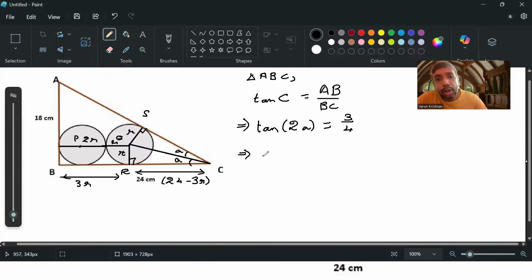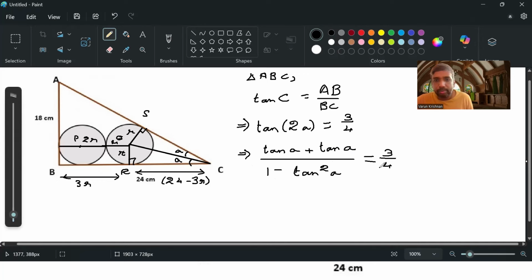So we can use the formula of tan of A plus B that we just derived, which was tan A plus tan B, divided by 1 minus tan A tan B. In this case, tan A and tan B both are tan A, so it is 2 tan A divided by 1 minus tan square A, which is equal to 3 by 4. So if we cross multiply, we will get a quadratic equation.